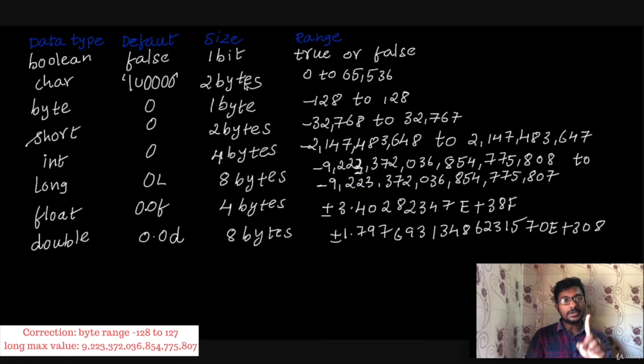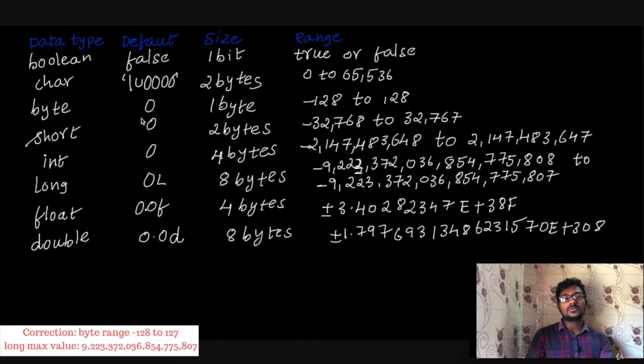1 bit is the primary representation of memory, the basic building block of memory. 8 bits make a byte. So 2 bytes means 16 bits are required to store a character in a variable. The range is 0 to 65536, so nearly 65,537 characters can be stored using char.